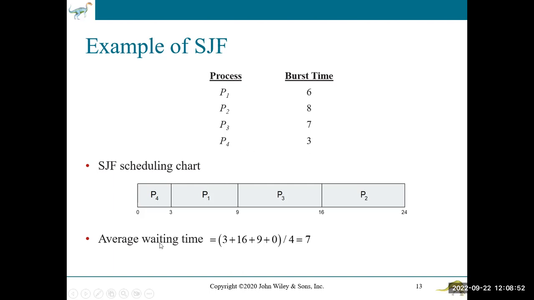So if you're executing SJF as a CPU scheduling algorithm, the CPU says, hey, I'm not taking the first one that shows up, not first come, first serve. I'll take the shortest. The next shortest is 6. So I have P4, then P1, then what? P3, and then P2. So the average wait time is 7.